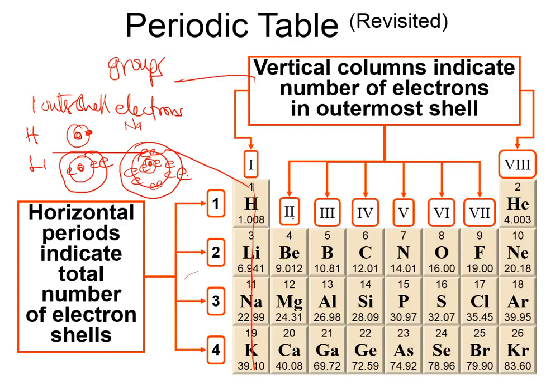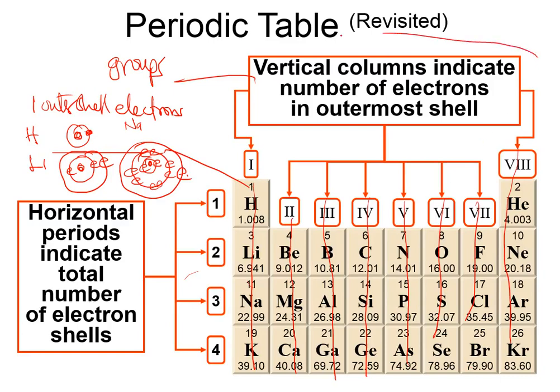The atoms in group 2 here have 2 electrons outside. These ones have 3 electrons outside. These ones have 4 electrons outside, 5 electrons, 6 electrons, 7 electrons, and 8 electrons. So what does it mean?